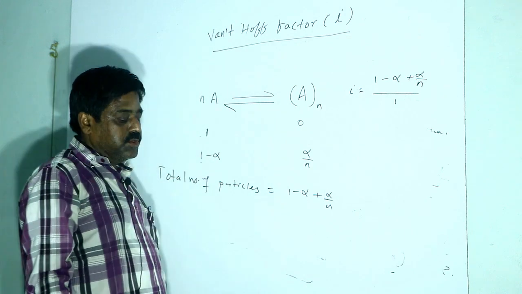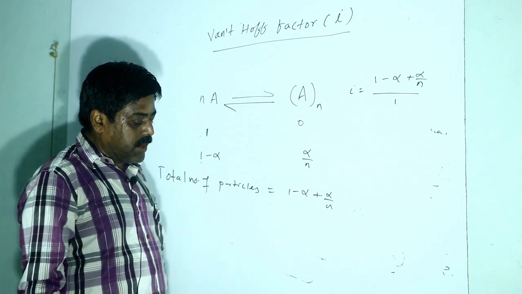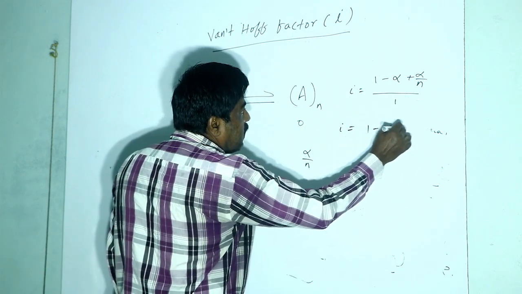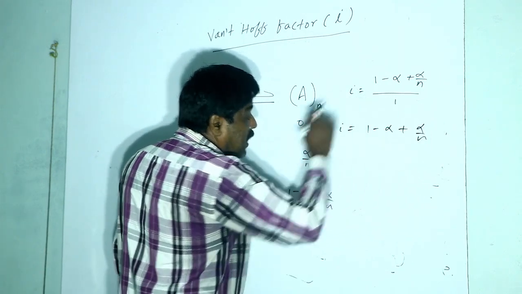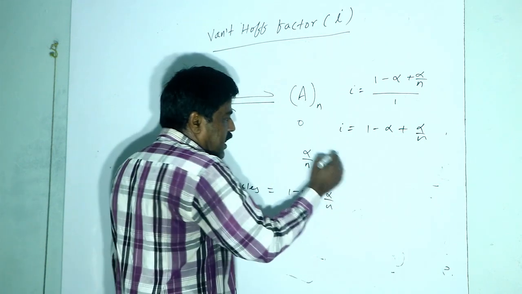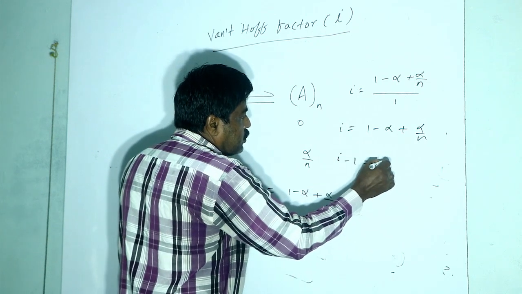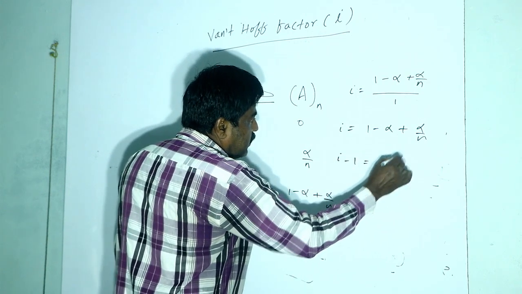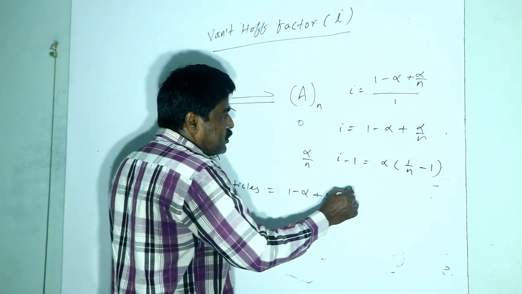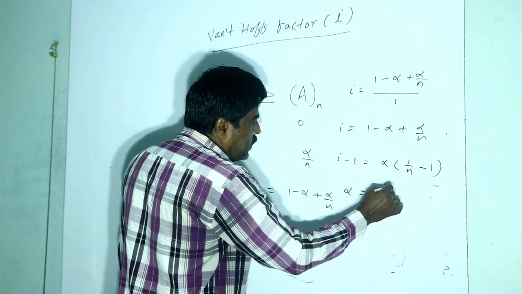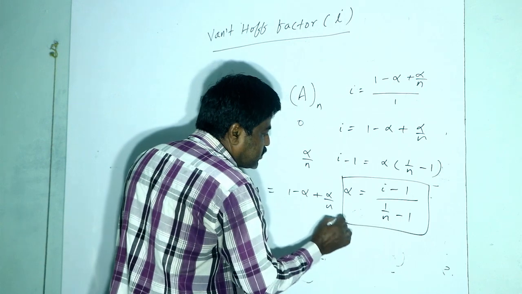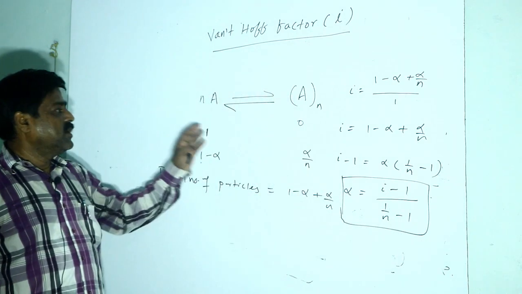So i is equal to 1 minus alpha plus alpha by n. Then the degree of association can be calculated as: i minus 1 is equal to alpha, being common, 1 by n minus 1. So alpha is equal to i minus 1 by 1 by n minus 1. This is how the degree of association can be calculated from the data.